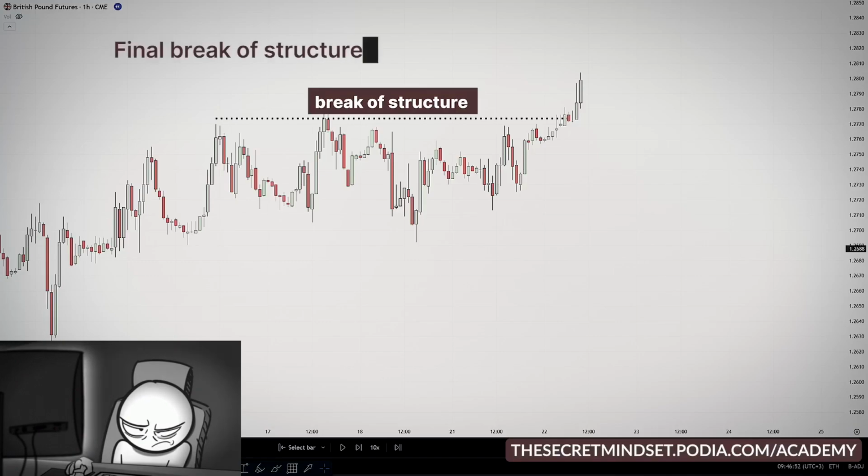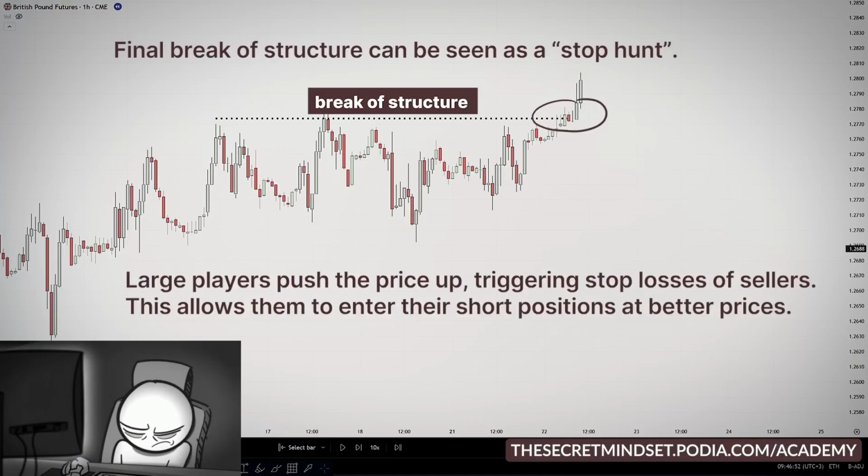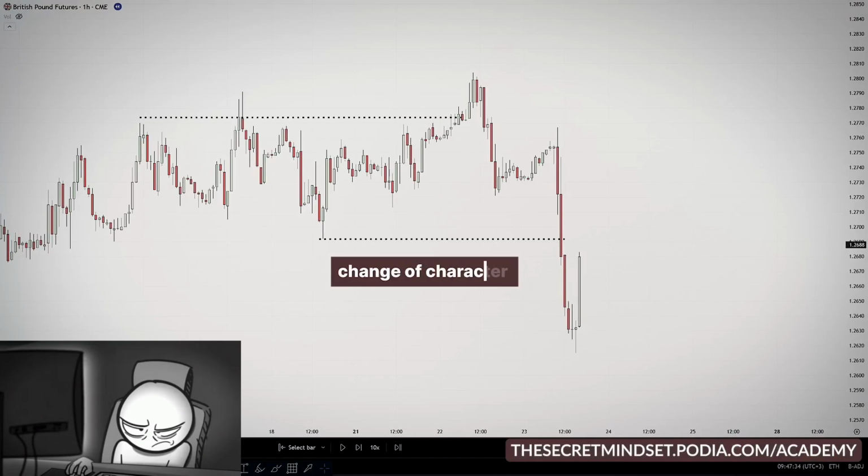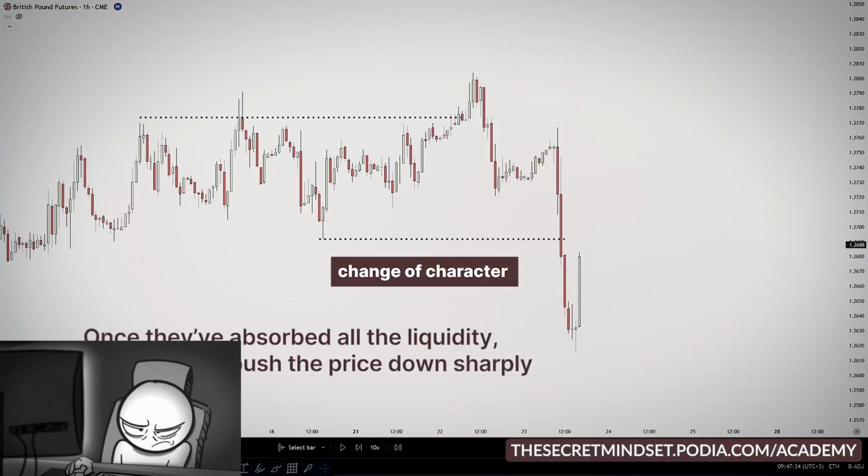The final break of structure can be seen as a stop hunt. Large players push the price up, triggering stop losses of sellers. This allows them to enter their short positions at better prices. Once they've absorbed all the liquidity, they push the price down sharply, resulting in the change of character.